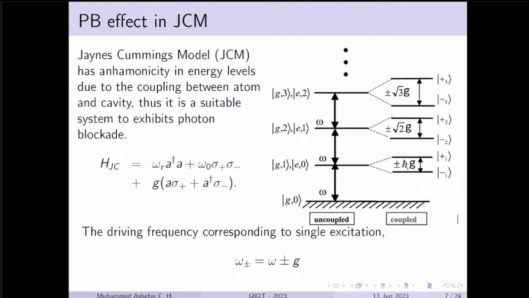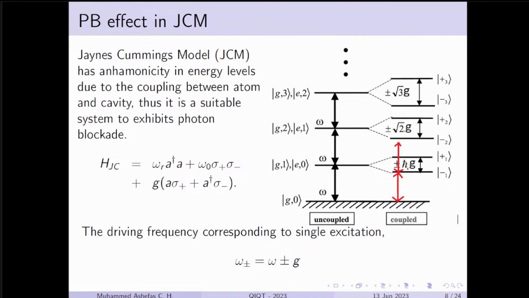If you excite the system from the ground to the first excited state, then using the same frequency, you would not be able to excite the system to the second excited state, meaning the state with two excitations. So this kind of anharmonicity helps prevent further excitation of the system to higher energy levels, or to a higher number of excitations, with a single frequency.